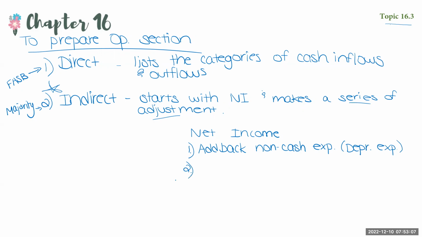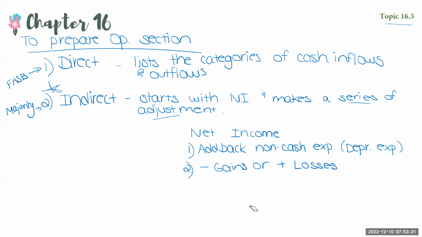That's your first adjustment. The second is to adjust for any gains or losses. You're going to basically do the opposite. If you have a gain, you subtract it, or add back losses. So subtract gains and add back losses.